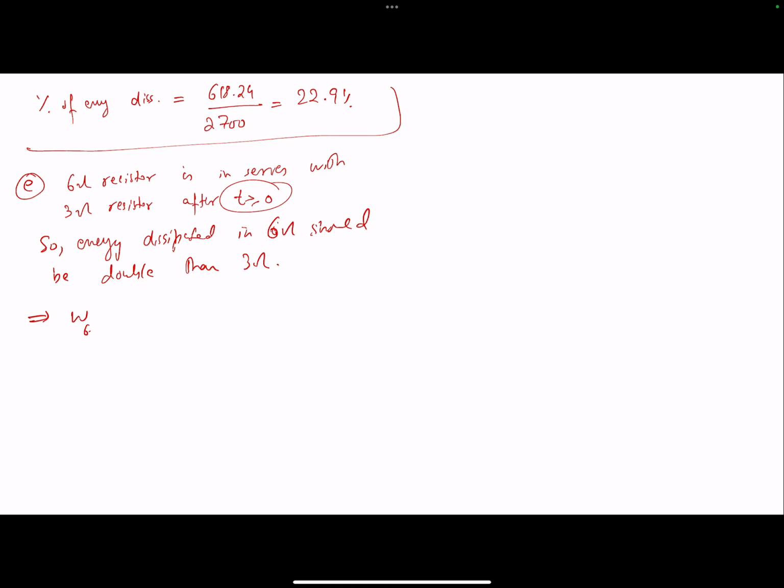So we can do the amount of the energy dissipated in 6 ohm, 2 times 618.24 millijoules. This should come out to be 1236.48 millijoules. Now let's verify whether this makes sense or not.